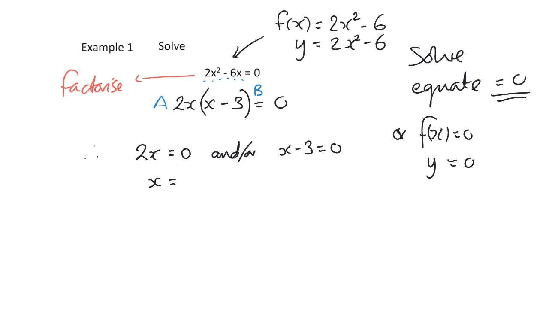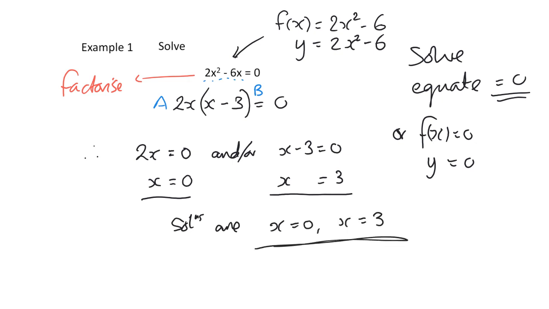If we're dividing through by 2, we get x equals 0. Similar to the last short example, we've got a negative 3. It bounces over to the right-hand side, becomes positive. So our solutions are x equals 0 and x equals 3.